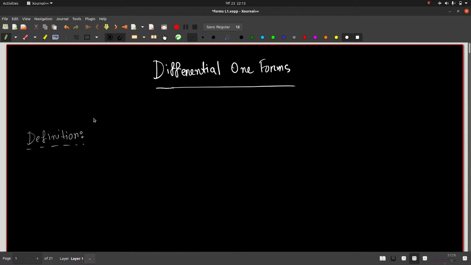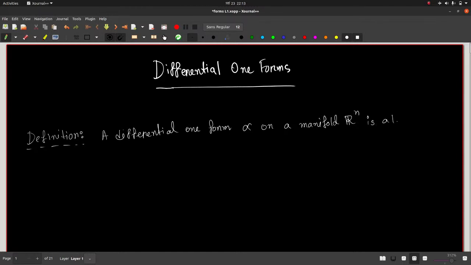It says that a differential one form, let's call it alpha, on a manifold Rn is a linear functional on the set of the tangent vectors to the manifold Rn.